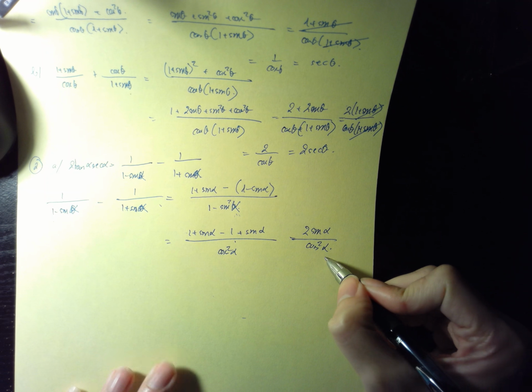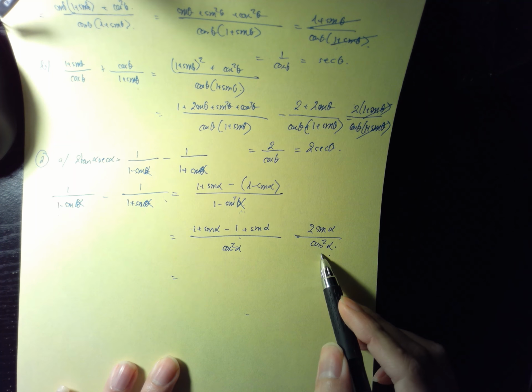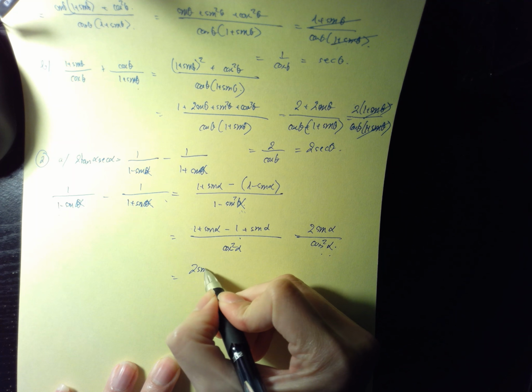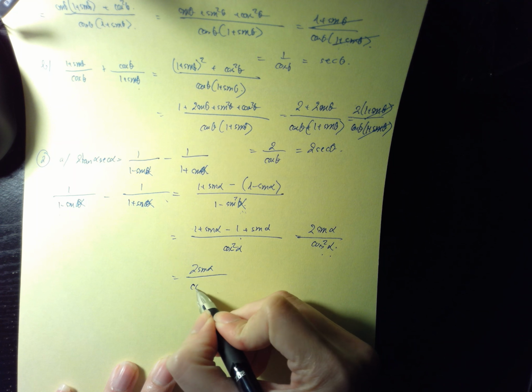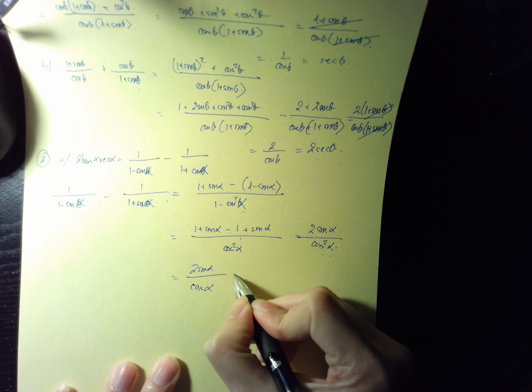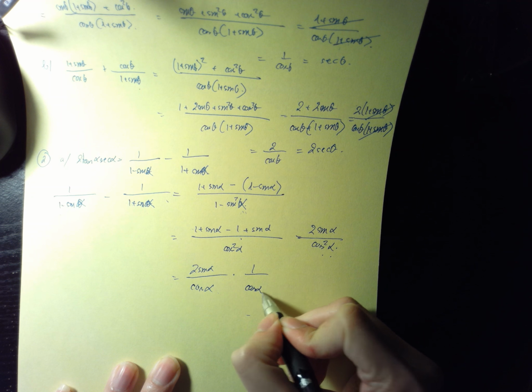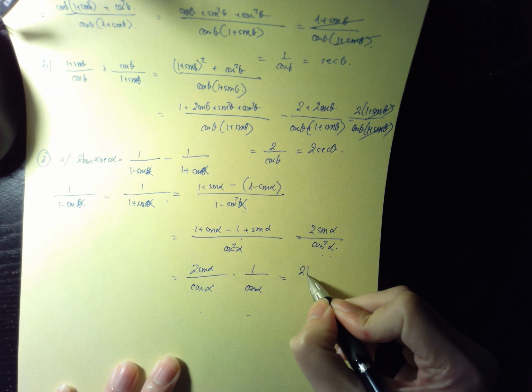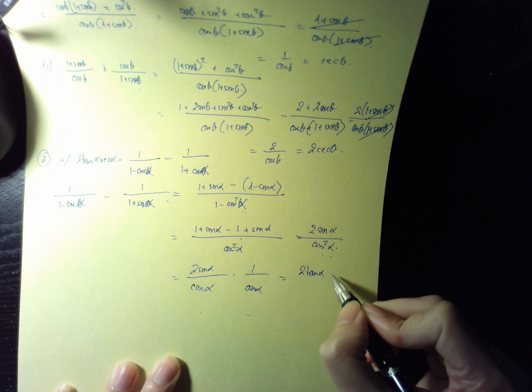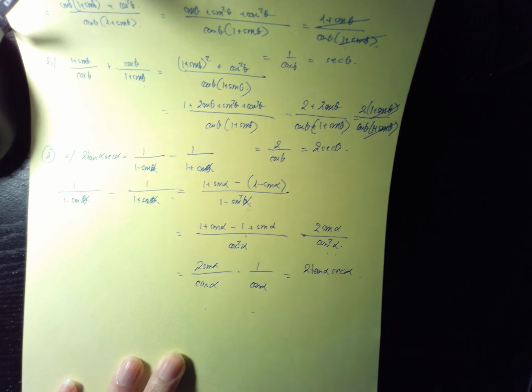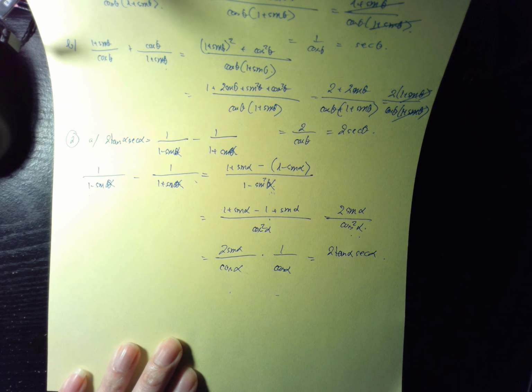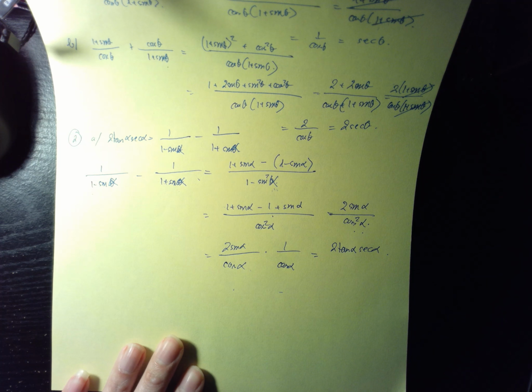Okay, and I can split this up to sine alpha over cosine alpha times 1 over cosine alpha, and this gives you 2 tangent alpha secant alpha.